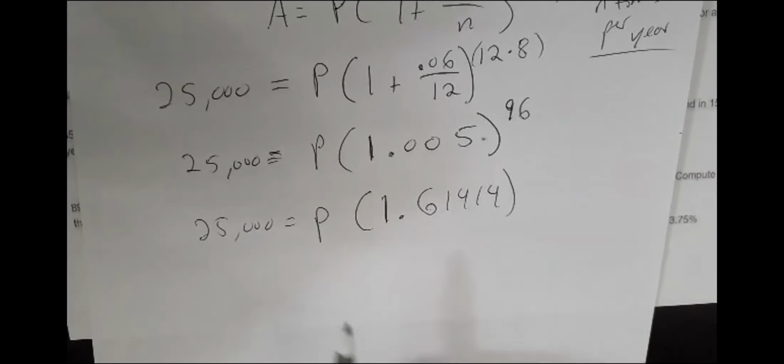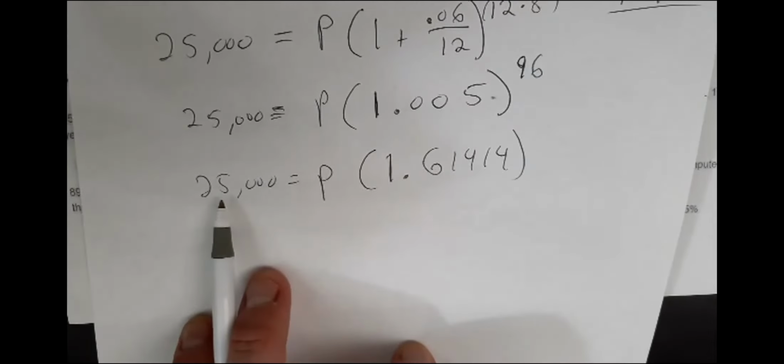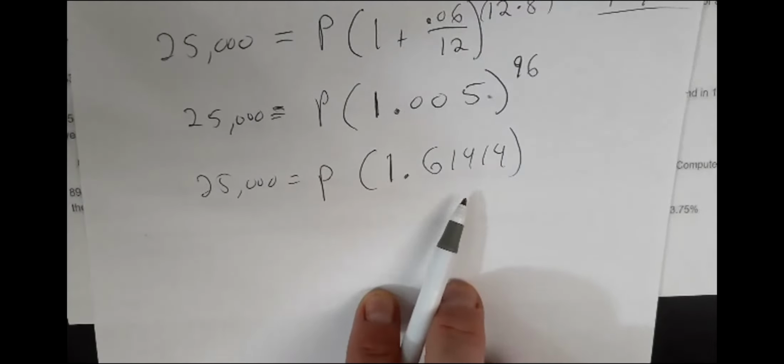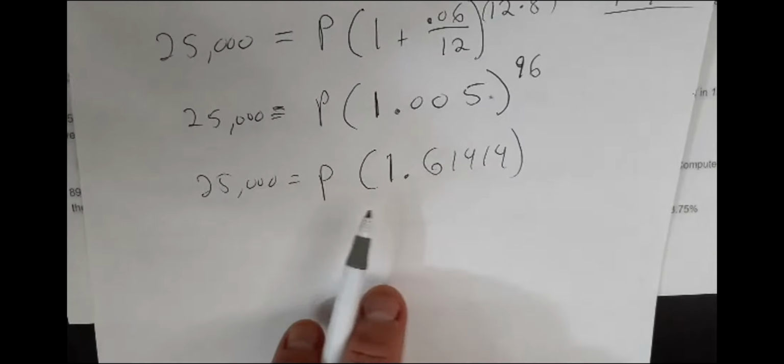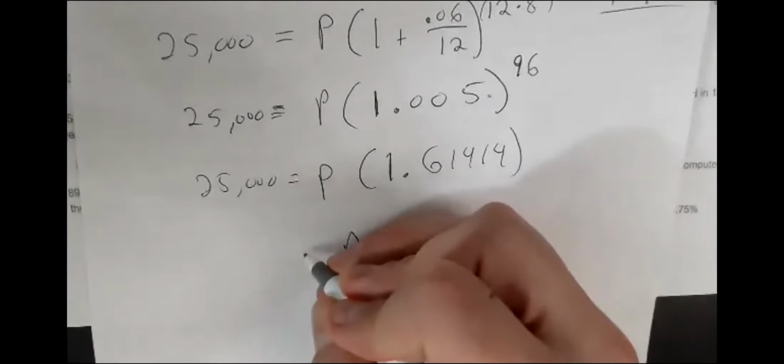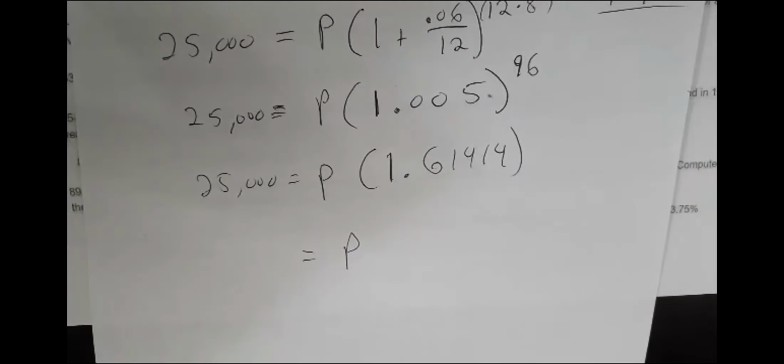And now the final step is I have P times this number. If I want to solve just for P, how am I solving for P?